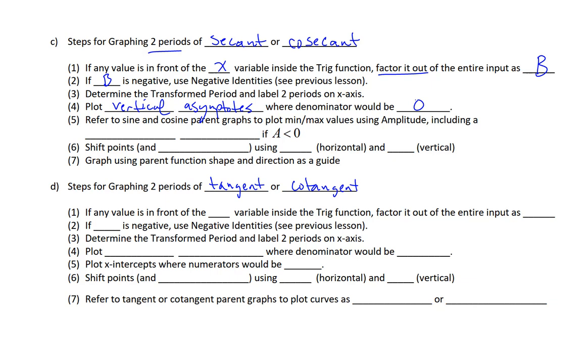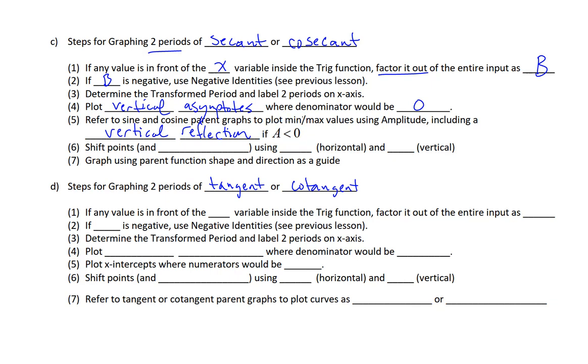And then fifthly, refer to sine and cosine parent functions to plot the min and max values using amplitude, including a vertical reflection if a is negative, a being that leading coefficient.